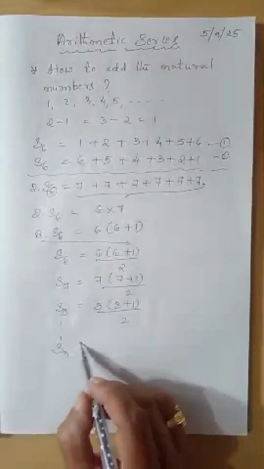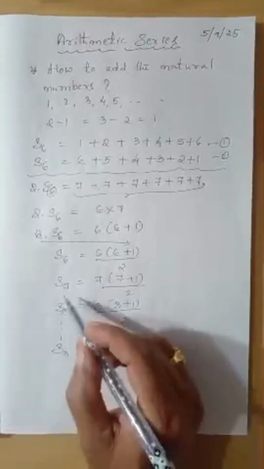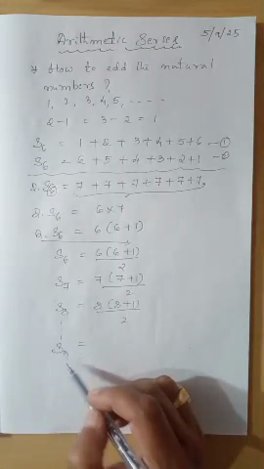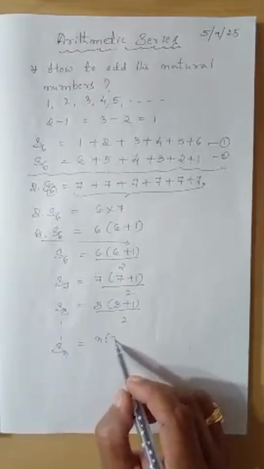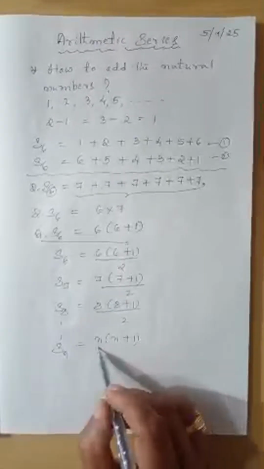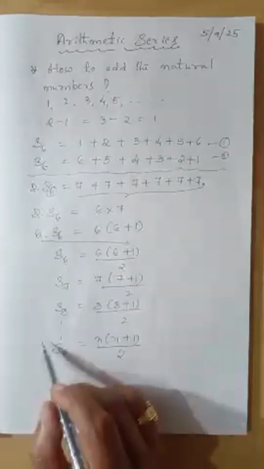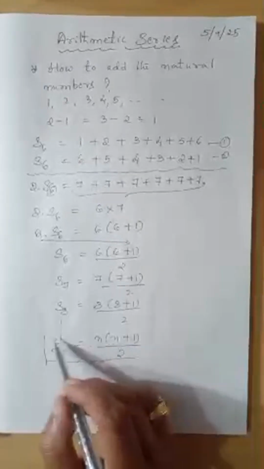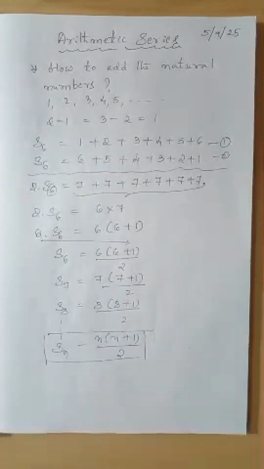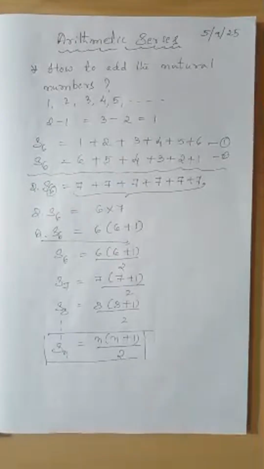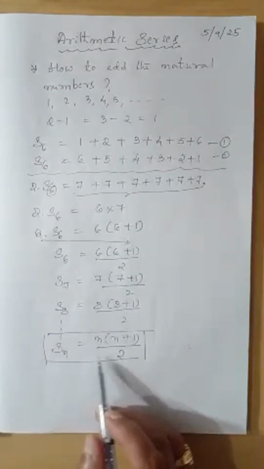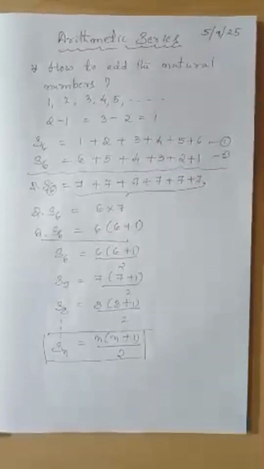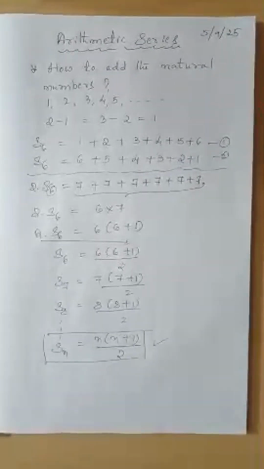In place of 7, 8, we write n. Therefore, Sn is equal to n times (n plus 1) divided by 2. This is the formula to find the sum of the natural numbers. You have to keep it in your mind.